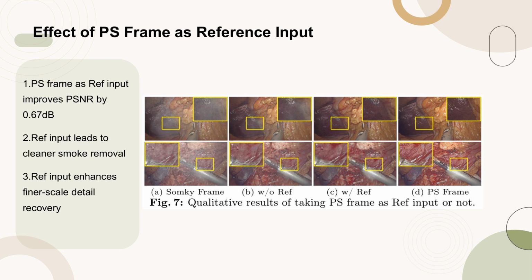This improvement is particularly noticeable in the removal of smoke, which becomes cleaner, and in the recovery of finer scale details, especially in areas with dense smoke. The figure visually demonstrates that the use of the PS frame as a ref input not only enhances the overall quality of the desmoking process, but also ensures that more accurate and detailed results are achieved.